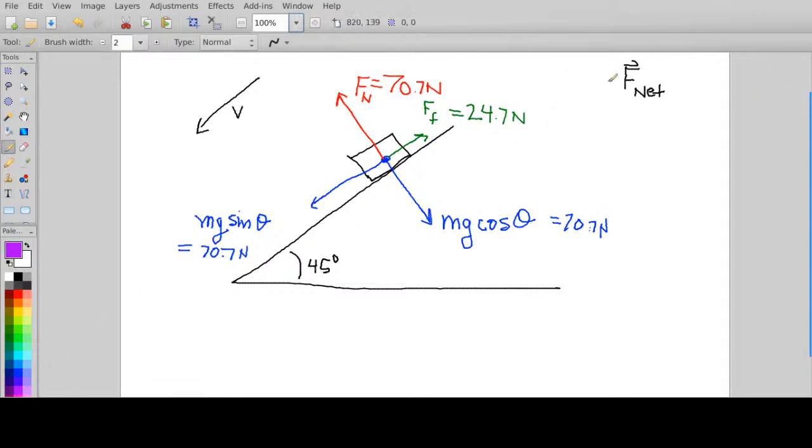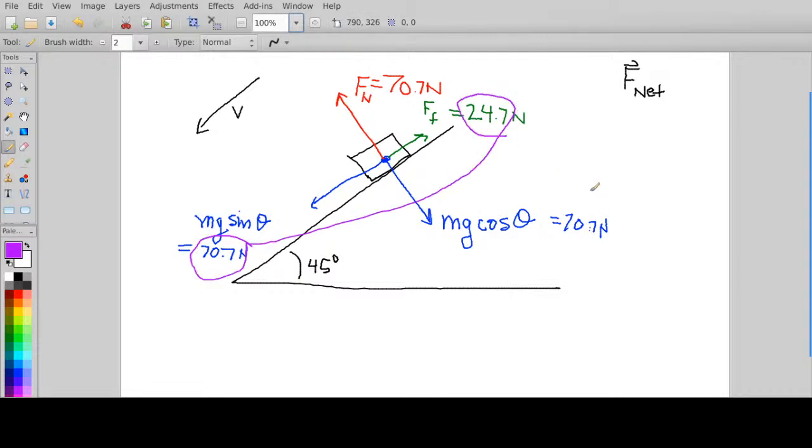There are two components to F net because it's a vector. The perpendicular component is easy because we already reasoned it out: the two forces cancel, so the perpendicular component of F net is 0, because the box isn't accelerating perpendicular to the plane. The parallel component gives rise to F net.